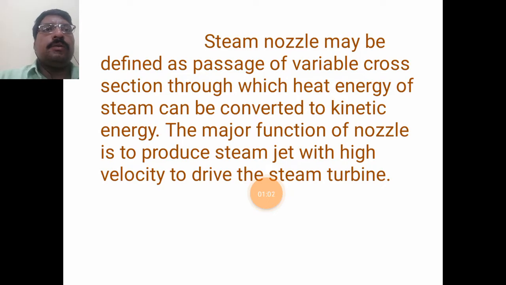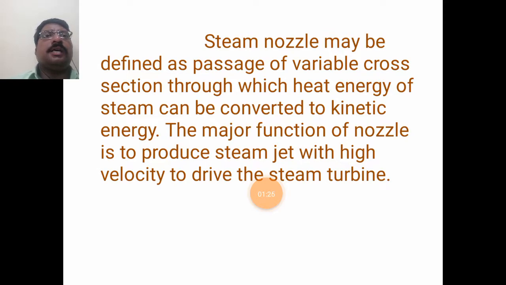Here the steam nozzle consists of different variable cross sections. It is just a simple tube like structure with different variable cross sections. Due to various cross sections, the steam heat energy is converted into kinetic energy, or the kinetic energy is again converted into pressure energy.